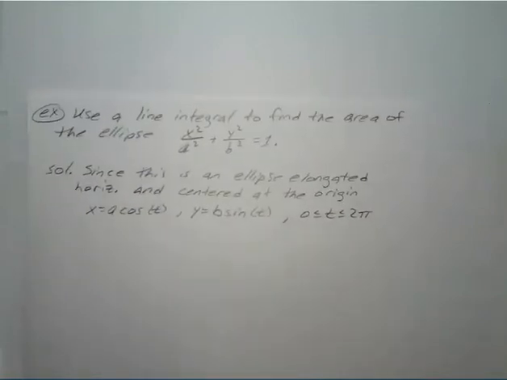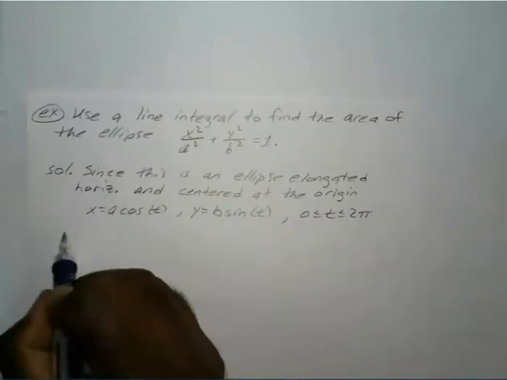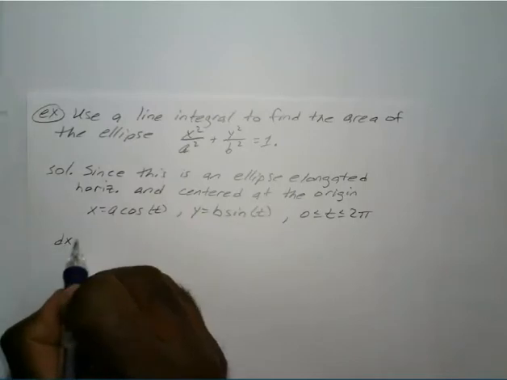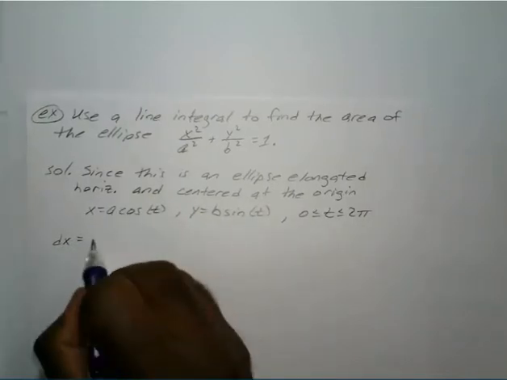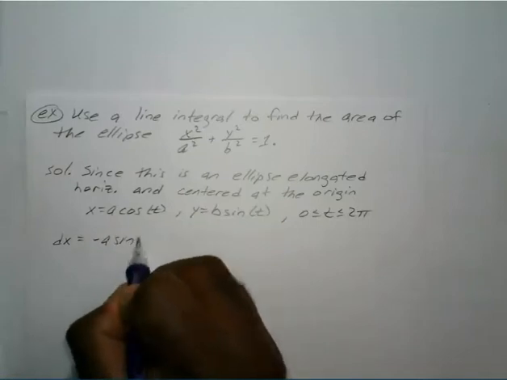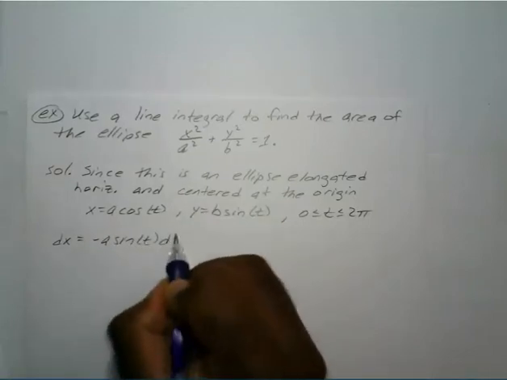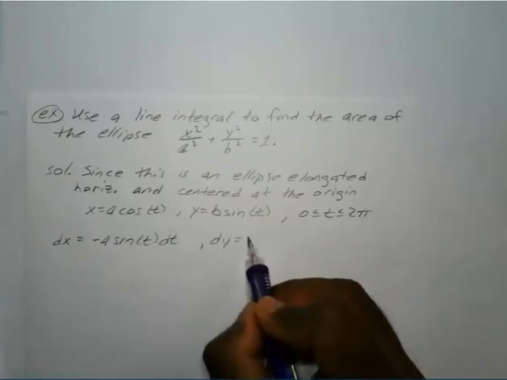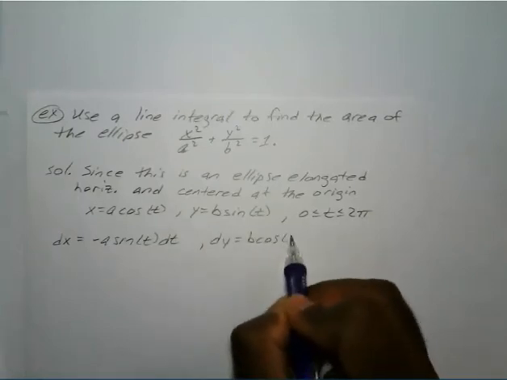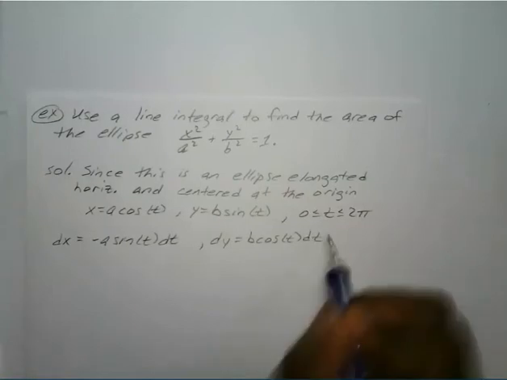Okay. So once again, we have our x and our y. Our dx is equal to negative a sine of t dt, and our dy is equal to b cosine of t dt.